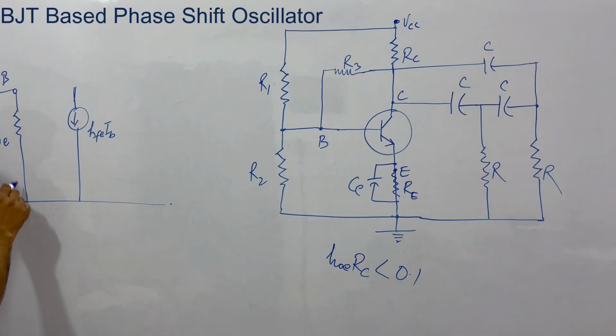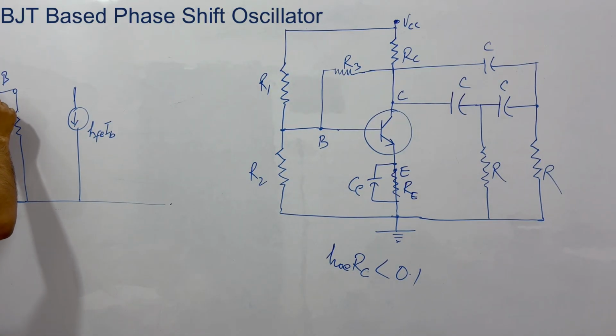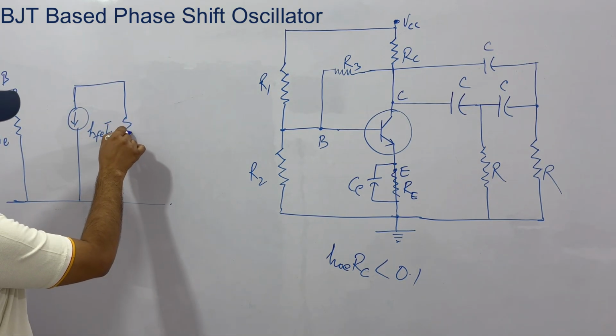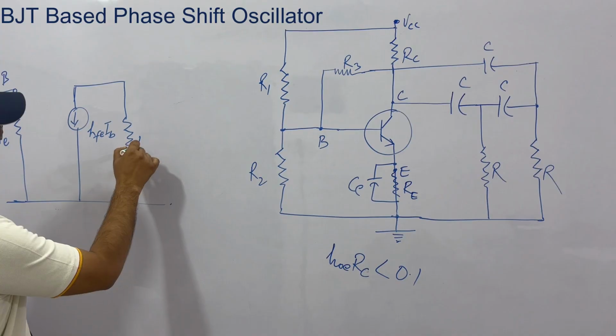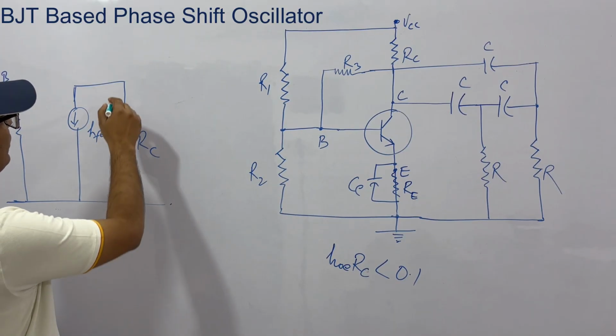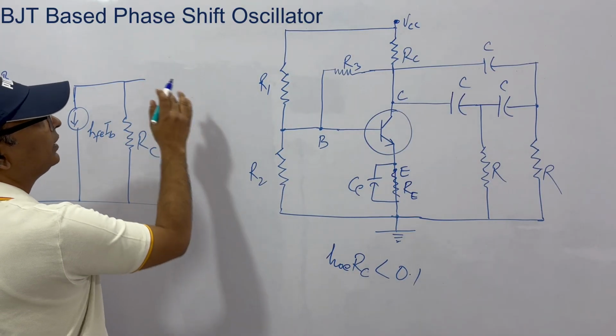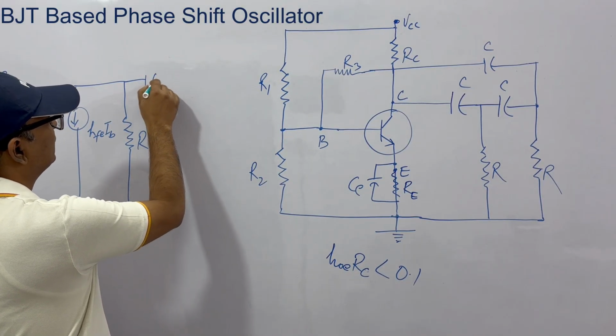What is IB? IB is this. You know this figure. And then you have the collector resistor RC. This is the output voltage, and then you have these three CR circuits.